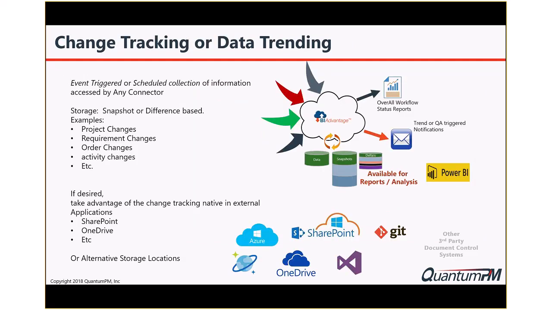So change tracking. This is a critical piece in understanding the trends that are going on in your data. I'm using here the example from the tool that we have called BIAdvantage, and data can come into that from a variety of sources. So it's not just a project schedule.